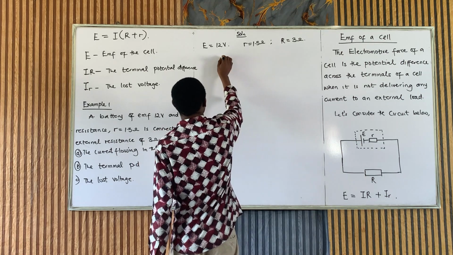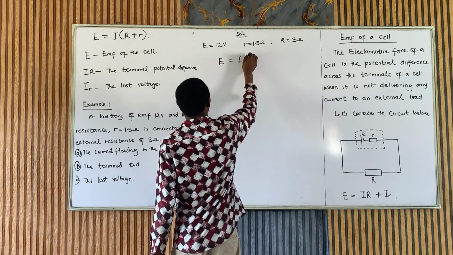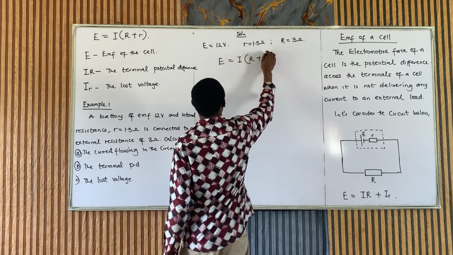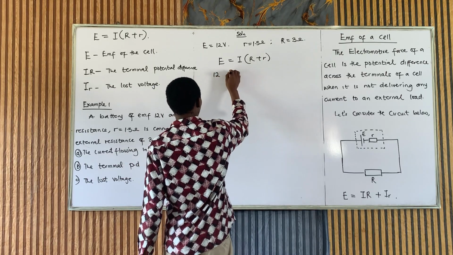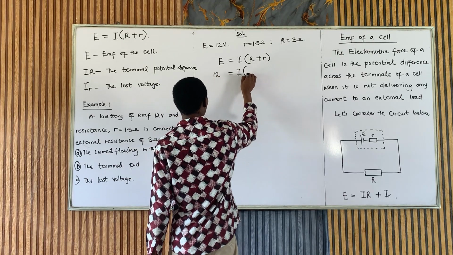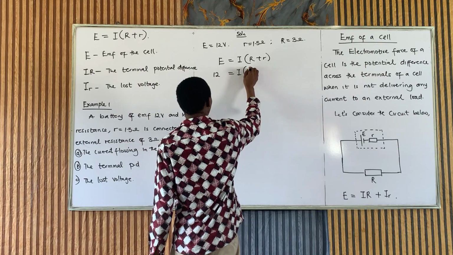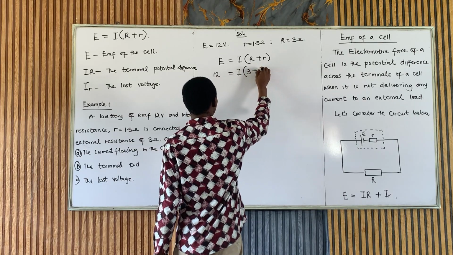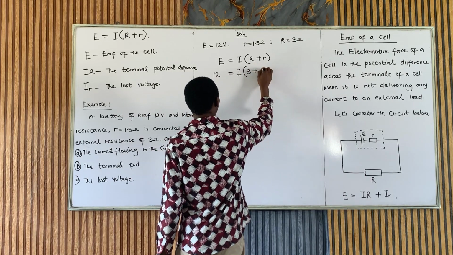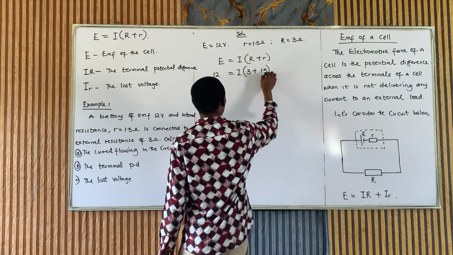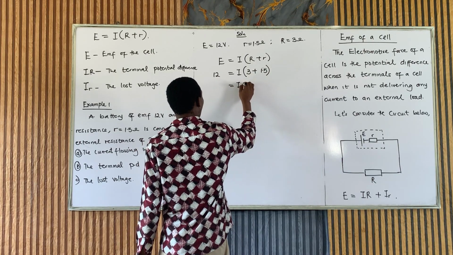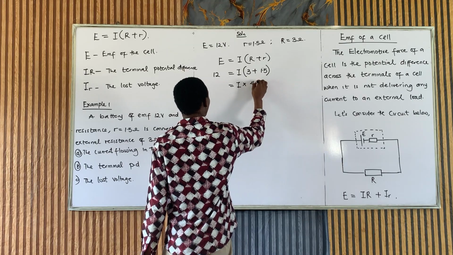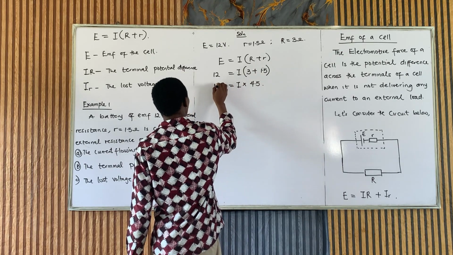Okay, so I will say E is equal to I into bracket R plus small r. So E is given as 12 volts, is equal to I into bracket 3 plus 1.5. So this is I times 4.5 is equal to 12.